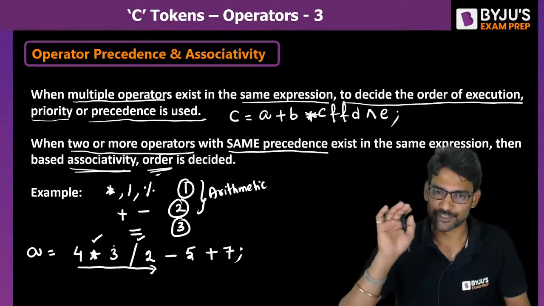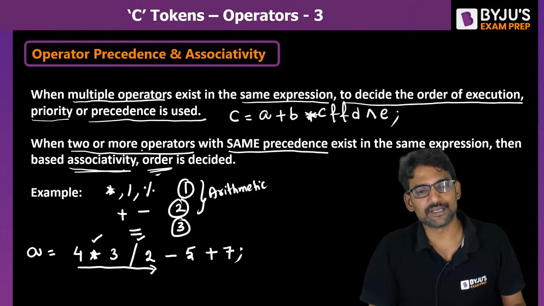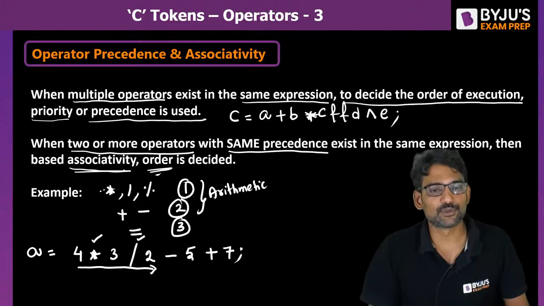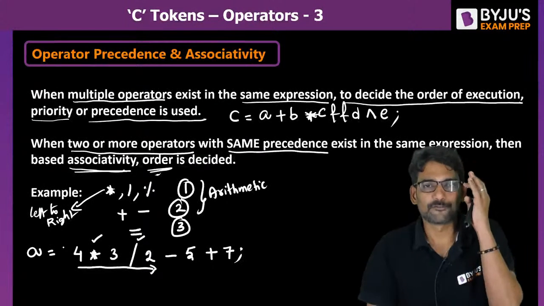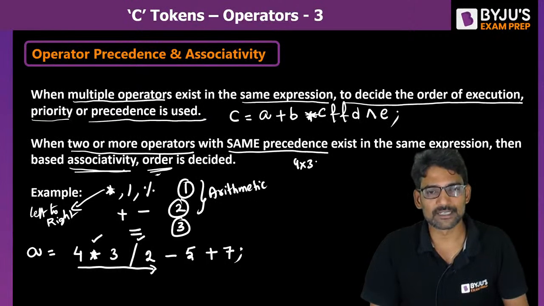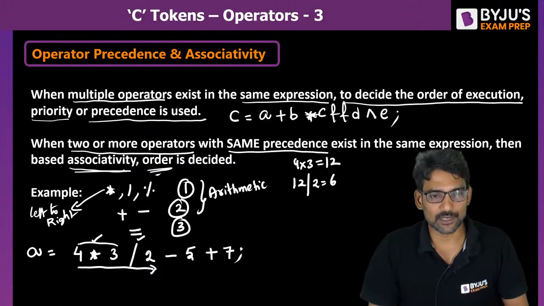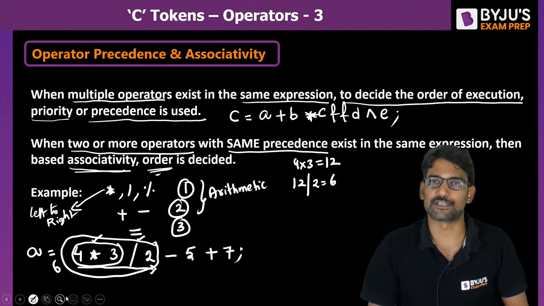Associativity means direction, in which direction you have to evaluate. Here it is telling go left to right, so whichever falls first on the left, you evaluate that first. First 4 multiplied by 3 is 12, then 12 divided by 2 is 6.